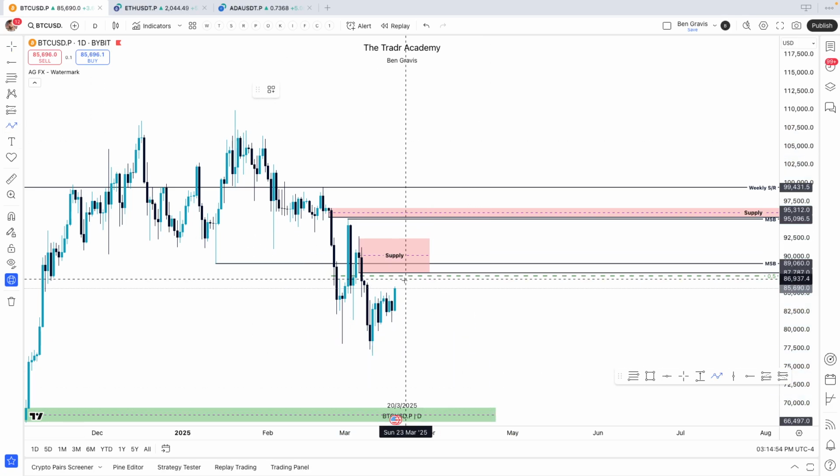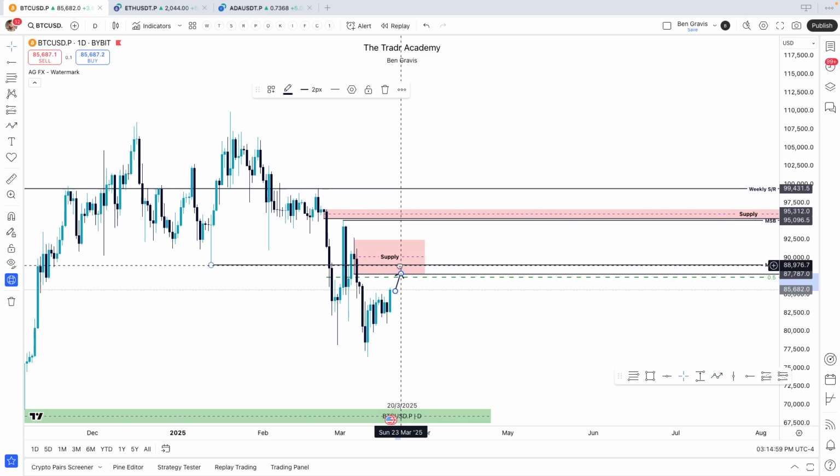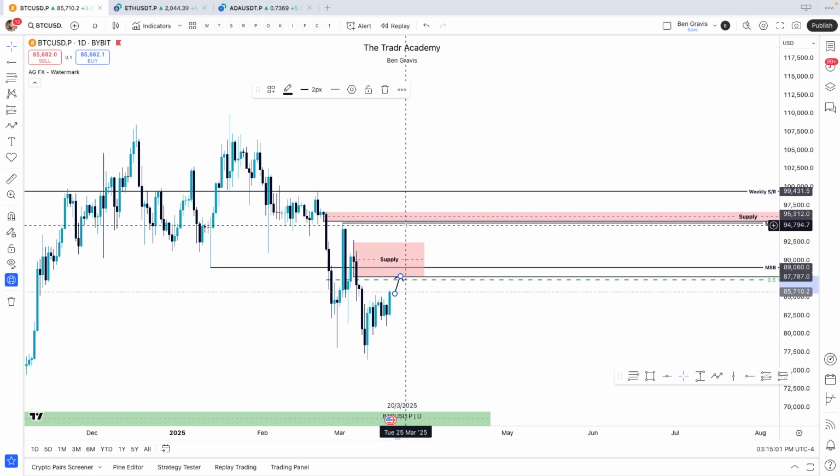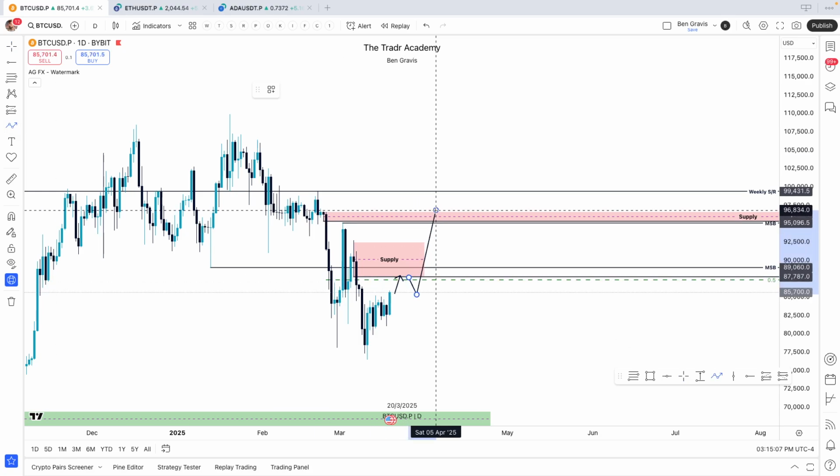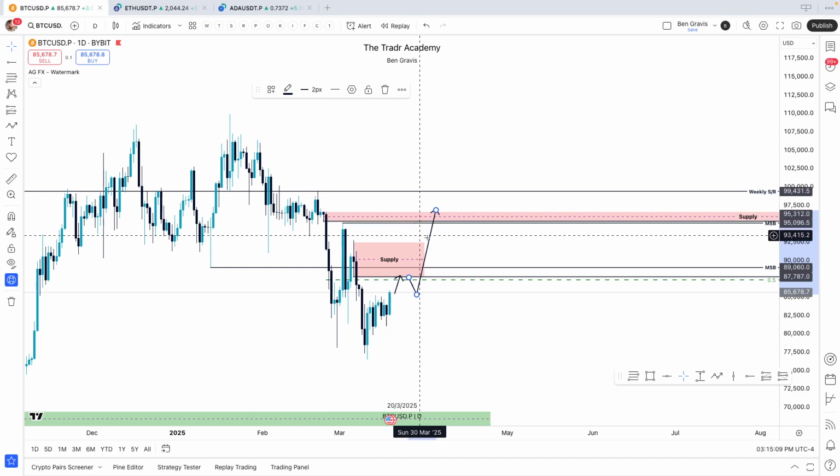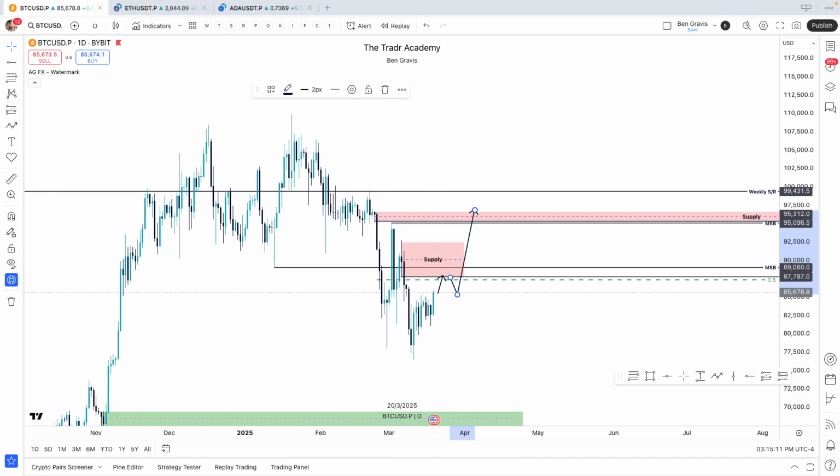How will this happen? It will probably either just push through this level exactly towards here, or it's going to do something like this, the move down, and then move like here. I do think that we might fill this zone, and this will be a short zone.